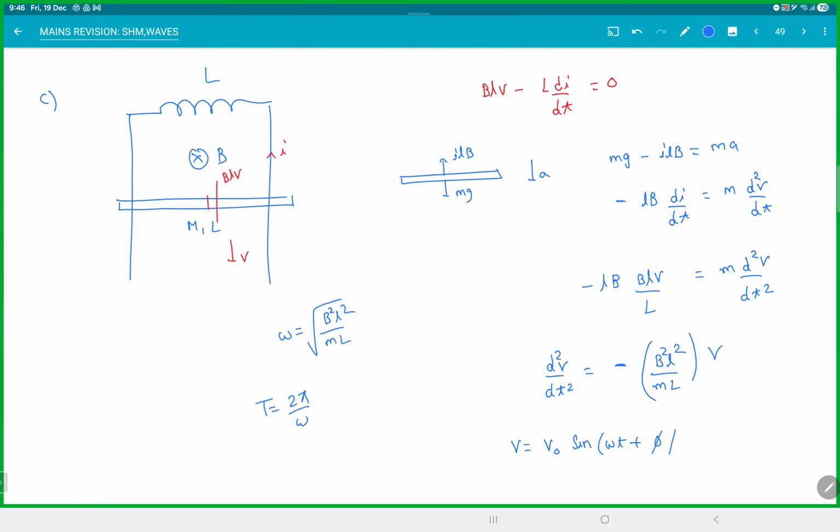So you got that. So can I find v naught? Can I find phi? Can you find the displacement of this rod as a function of time t? Now the question suddenly goes up into the advanced part.